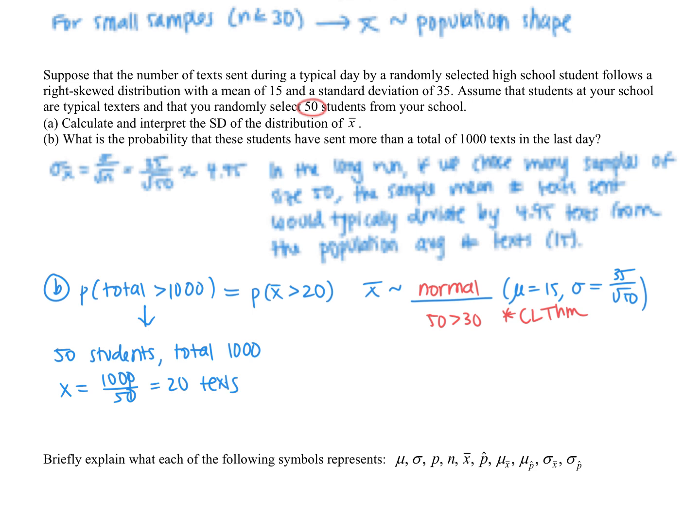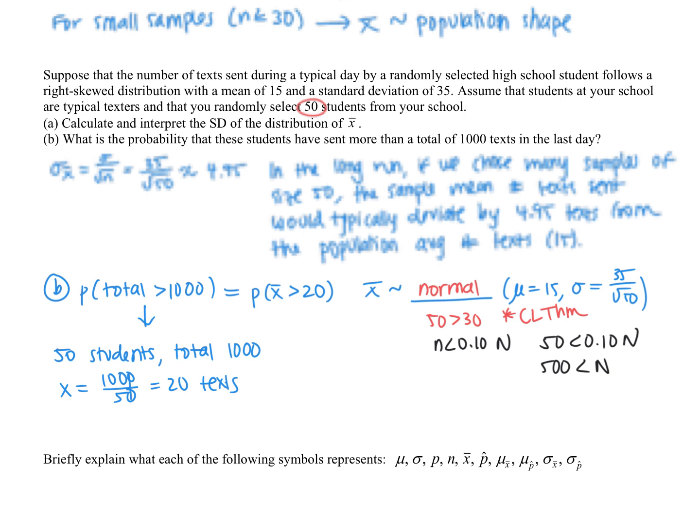Now, one thing that we did not check before, but we need to remember to check, is this is all assuming that our sample size is less than 10% of the population. So we took a sample size of 50. We don't know the population size. So if we divide by 0.1, our population would have to be greater than 500.